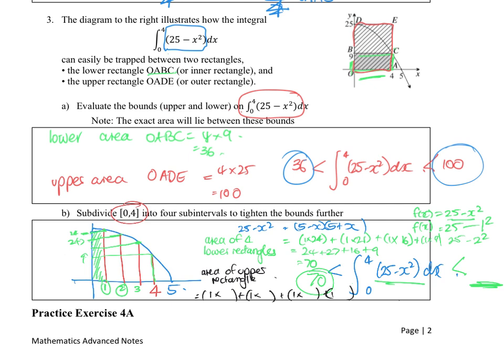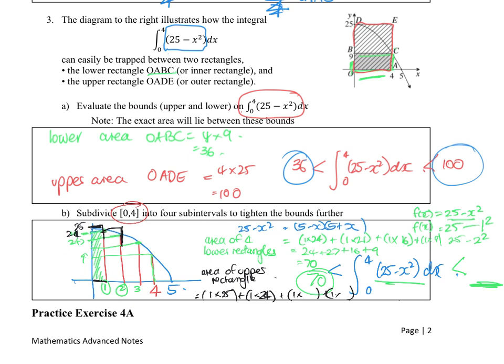1 times, so that's 1, but the upper rectangle is this height. So what is that height? 25, because that's where it cuts. So that would be 1 times 25. Now let's look at this one. That's 24, isn't it? So we don't use the formula for that one? No, we're just doing all.